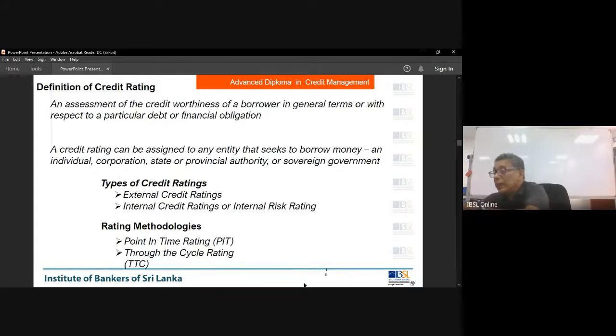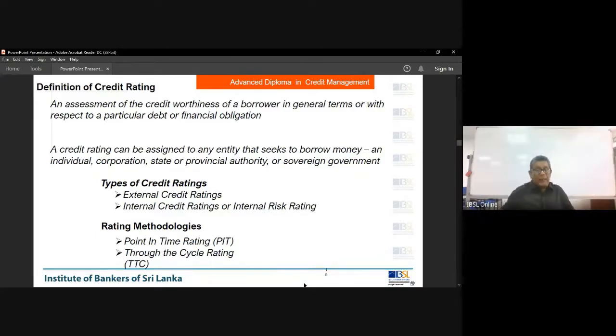And those ratings you need to disclose to the public in your branches, as well as whenever you carry out any advertisement, you need to show this credit rating to your customers, right?